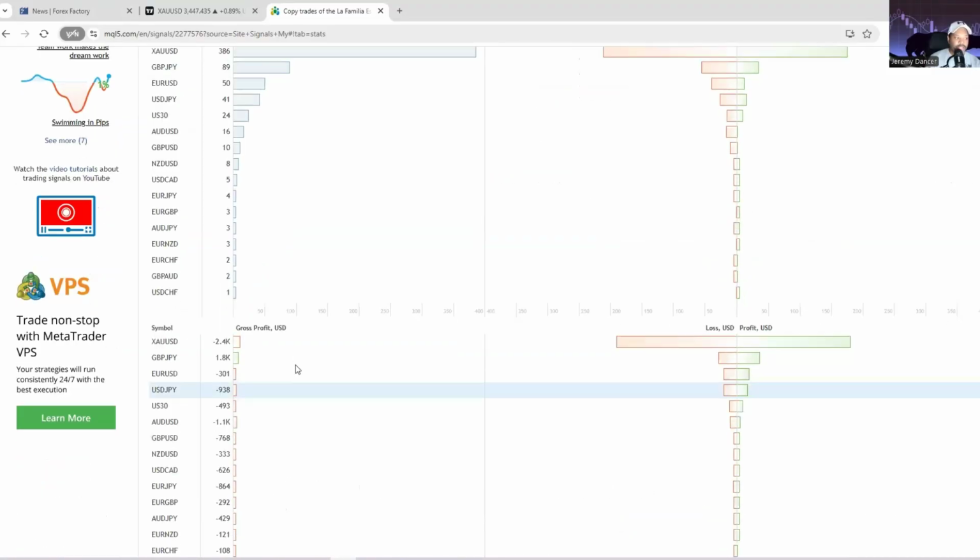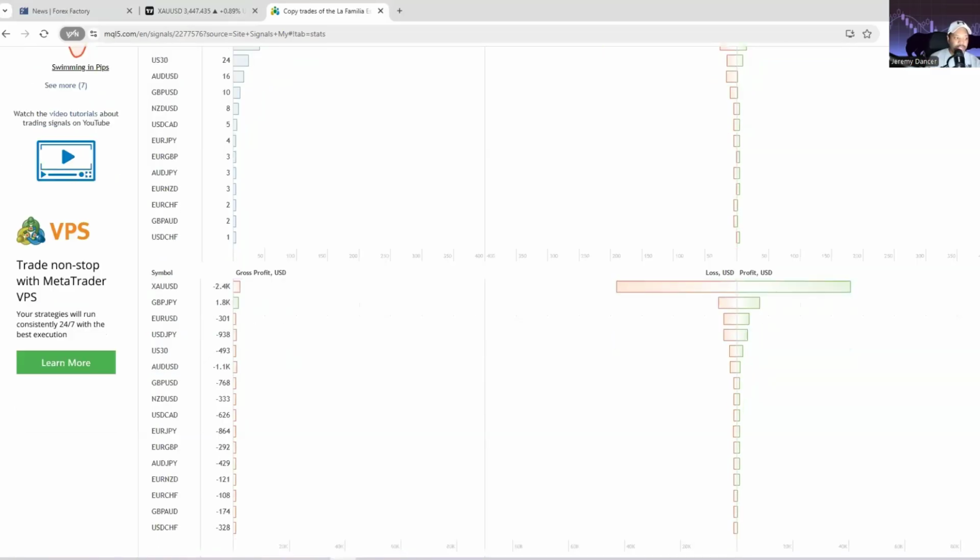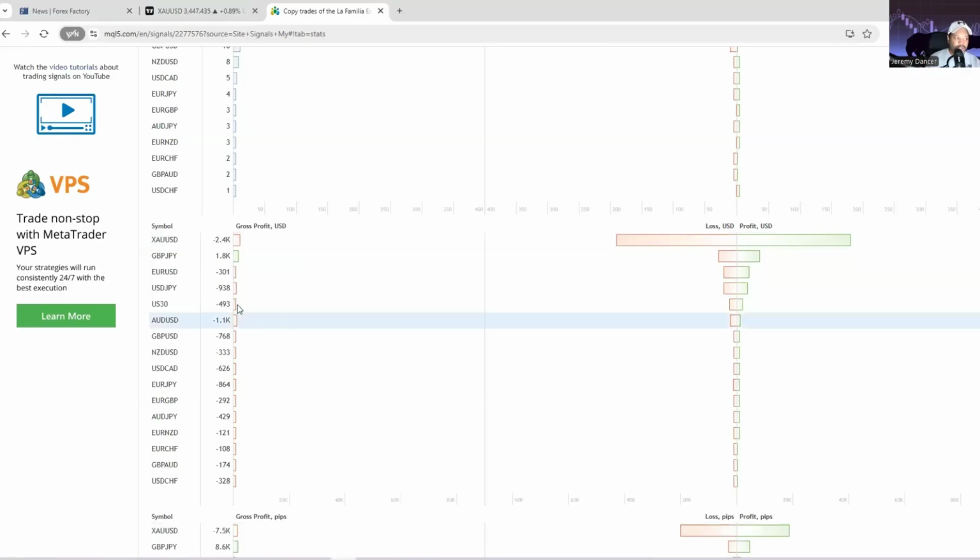And we can also see the problem here. 2.4 thousand of that has been on gold with the losses. And I was able to clean things up a little bit and reduce my trades on other currencies that weren't trading too well. And what I really kind of regret that I didn't do sooner is I wish I had paid more attention to this.